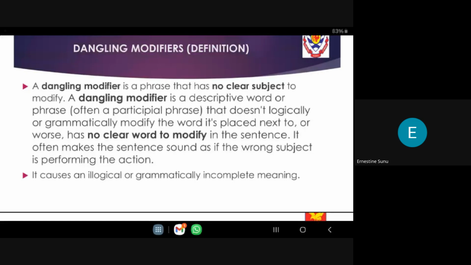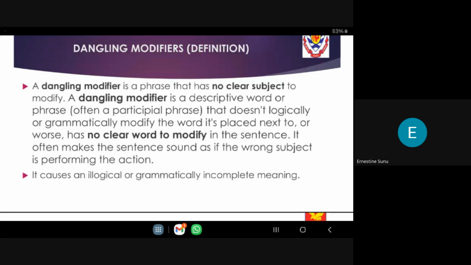So dangling modifiers are phrases that have no clear subject to modify. A dangling modifier is a descriptive word or phrase, which is often a participial phrase or infinitive, and which doesn't have any clear subject.